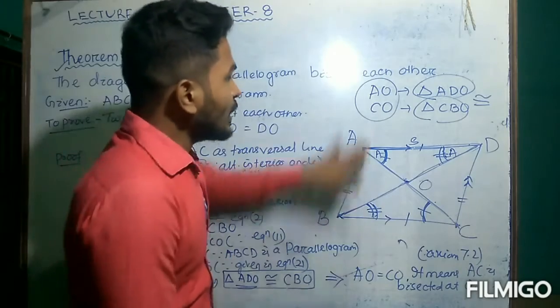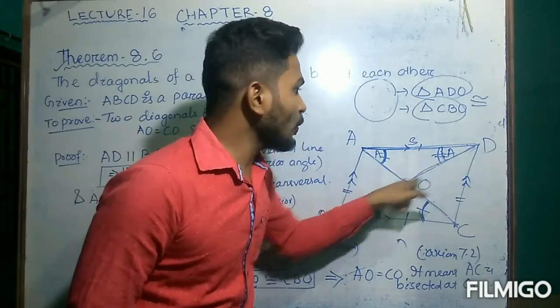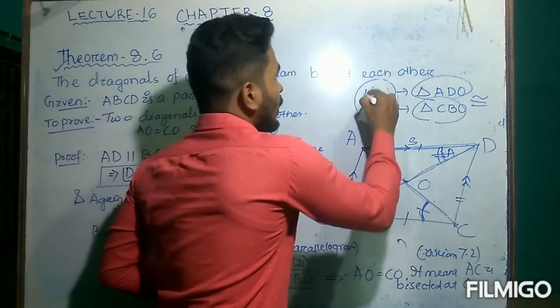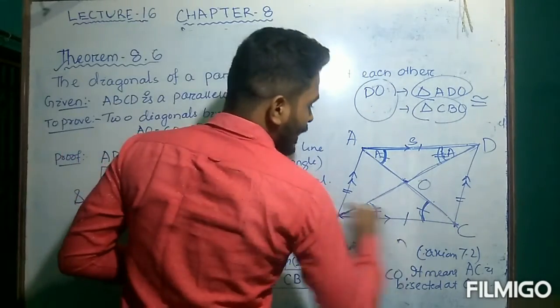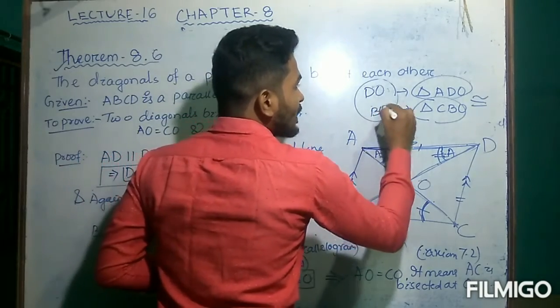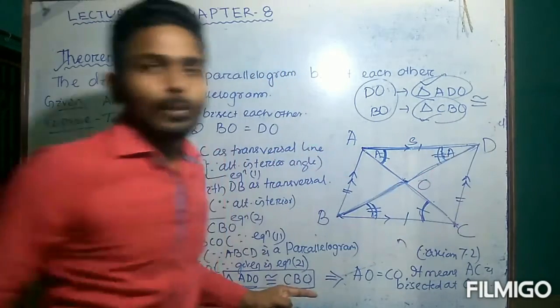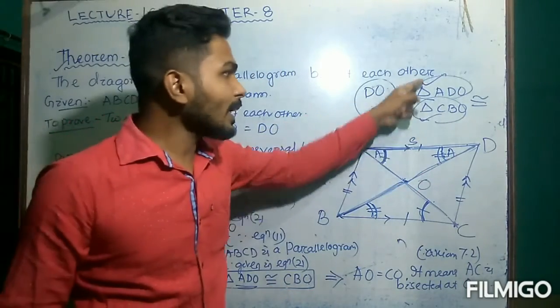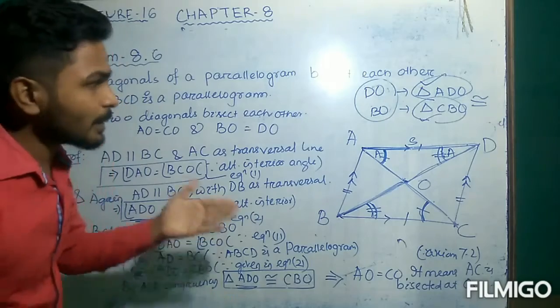Similarly, if we consider the triangle ADO, then DO is a side of triangle ADO. And if we consider triangle CBO, then BO is a side of the triangle CBO. But initially we have proved that these two triangles are congruent. That means if any two triangles are congruent, then their corresponding sides must be equal due to axiom number 7.2.